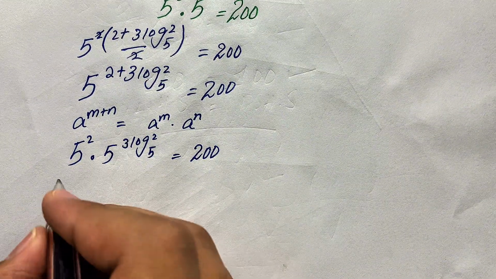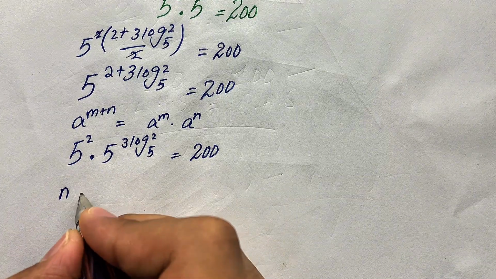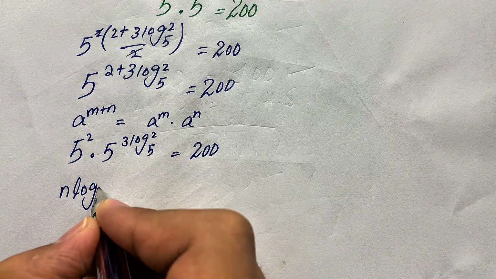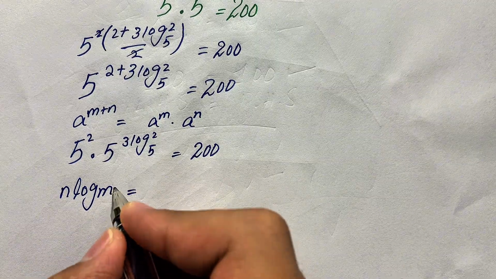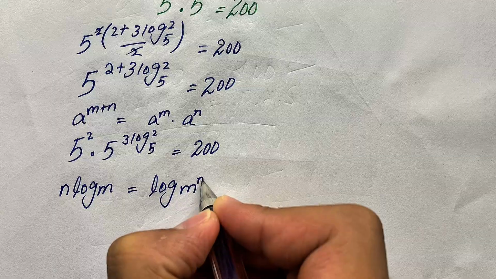Now we are using this formula, n log of m is equal to log of m to the power n.